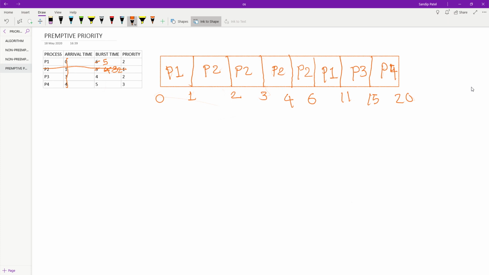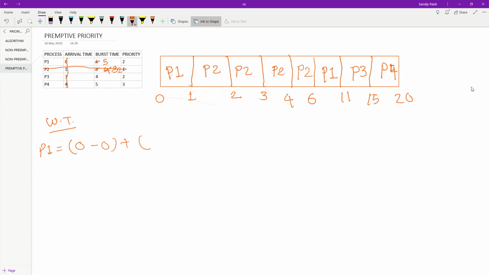That's the preemption. So we will start finding the waiting time according to the swap out and swap in of the process. For P1, the first response is generated at 0 and it arrives at 0.